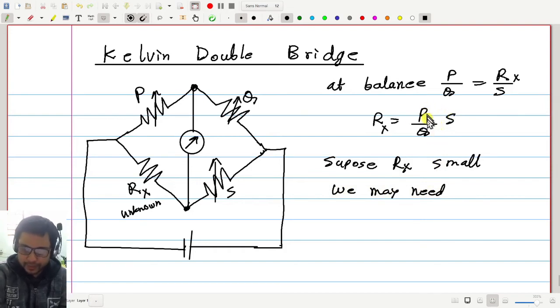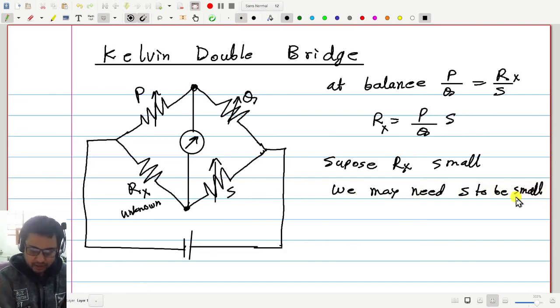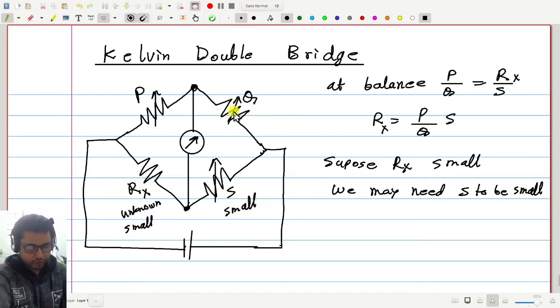Suppose we are taking P and Q to be of medium value, then S should be small, so we may need S to be small. So now we are in a situation where this is small, this is also small. P and Q, we can take them to be of medium value, no problem.